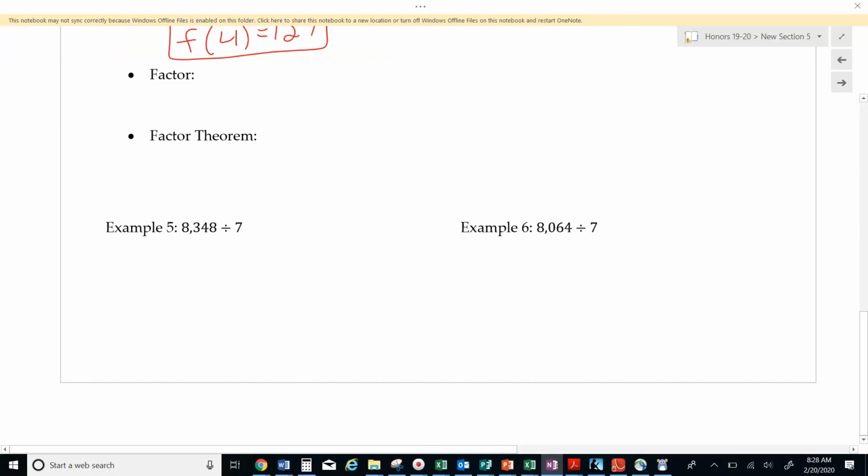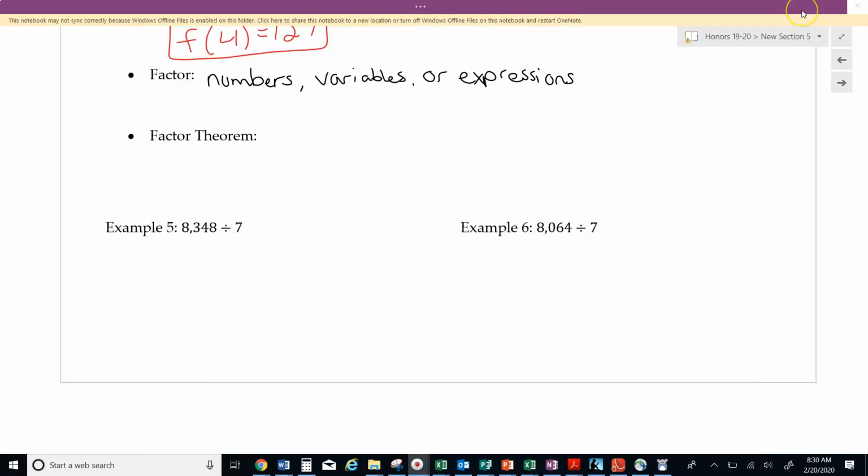So your factors are numbers, variables, or expressions. Alright, so it could be just a number, it could be just a variable, or an expression, so like x plus 5, right?